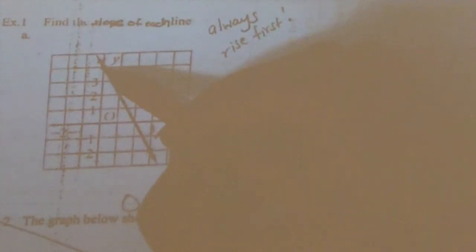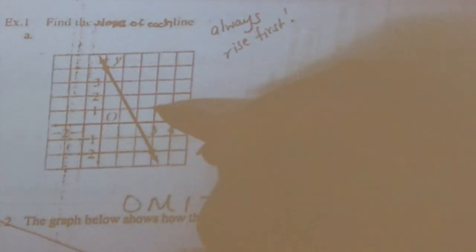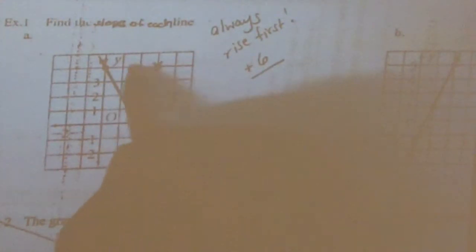So to get from this bottom point up to where the second point is, I have to count 1, 2, 3, 4, 5, 6. So my rise is a positive 6. To get actually to that second point, I have to go horizontally.